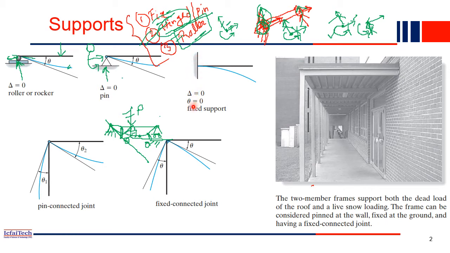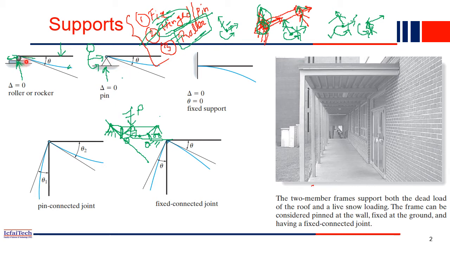So that's why if you see the slope at this point, theta is actually zero, because the deflection will not start at the joint. It will start after some distance. See, here it is a straight line. The deflection started after some distance because it is a fixed joint. But here if you see the pin joint, deflection started from the support itself.